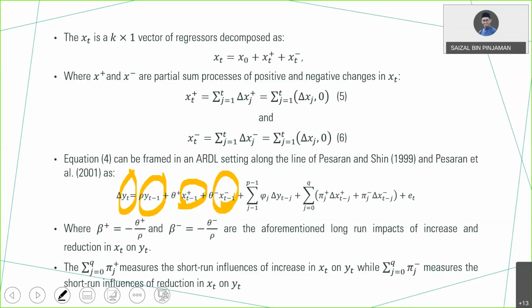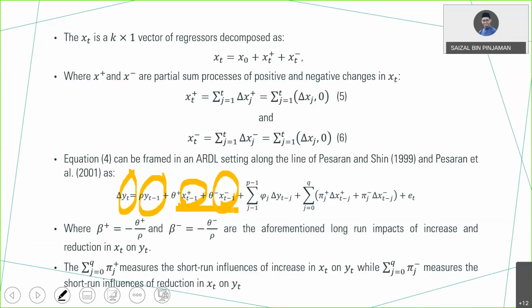So this is one of a number of changes in the equation for the ARDL model to form the NARDL. Because in the ARDL model, we don't have the asymmetry of the independent variable included in the equation.